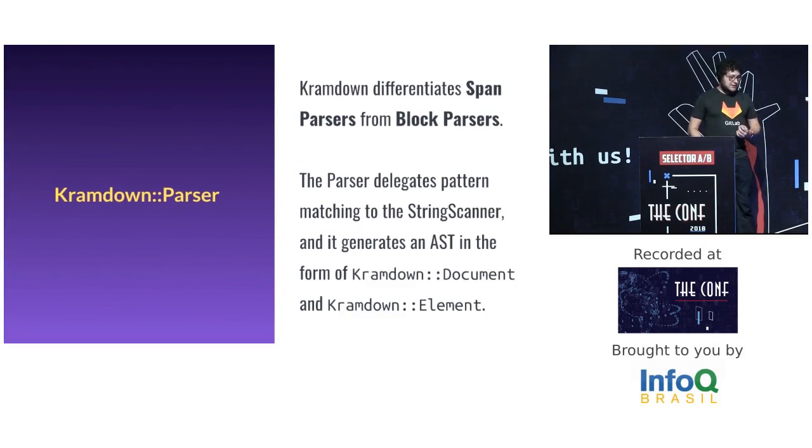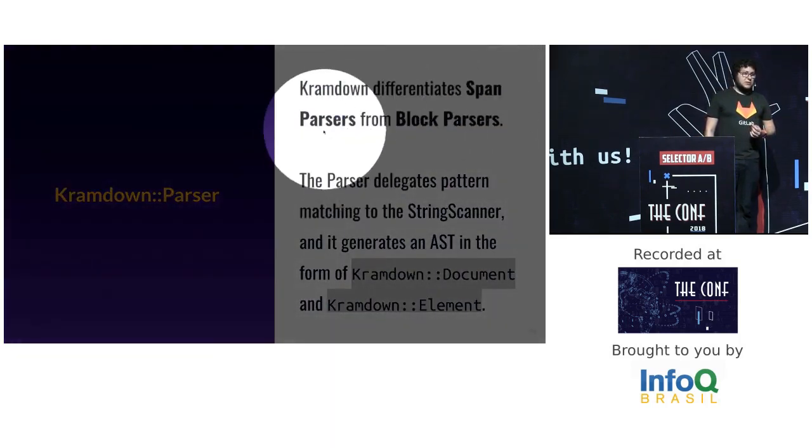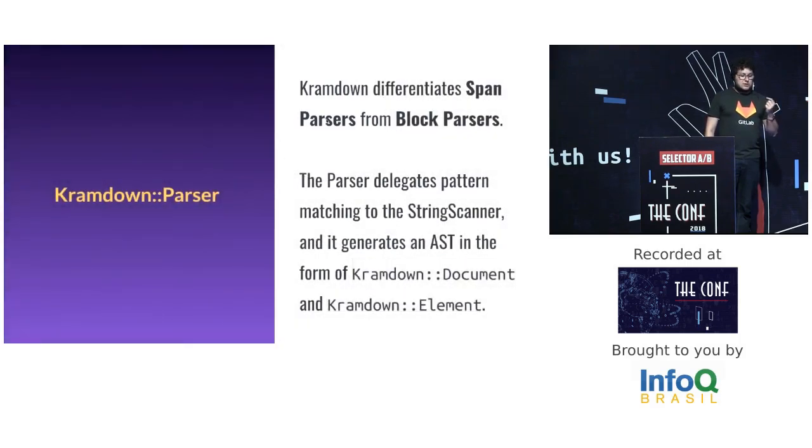The most important class is the Kramdown parser, and the Kramdown parser has a specific differentiation on how the tokens are parsed, or how the source code is read. It has a specific span parser, which is what we used before to transform the asterisk into a strong annotation, but it also has a block parser, which is used to decide what we should do when it's source code.